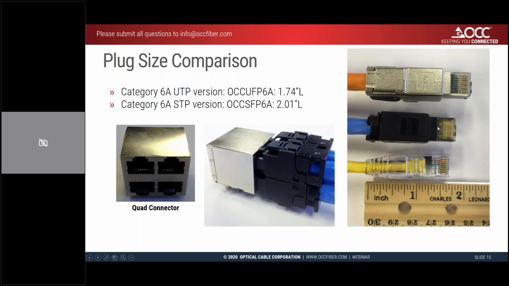And the field terminable plug is just slightly, a few eighths of an inch, longer than that maybe. And the shielded plug is just a little bit longer than that because it has to accommodate some of the shield termination stuff that goes on. But these really aren't all that big, maybe comparable to a standard wall outlet jack or something like that.